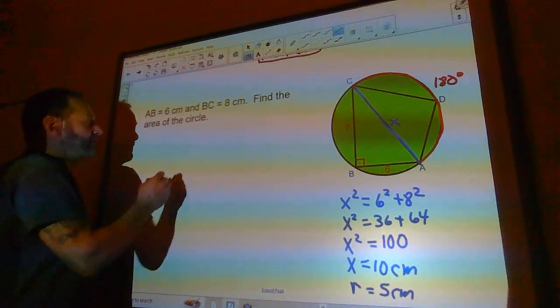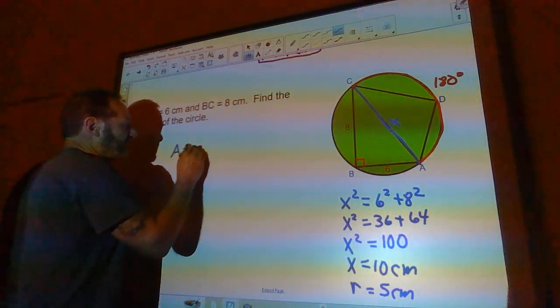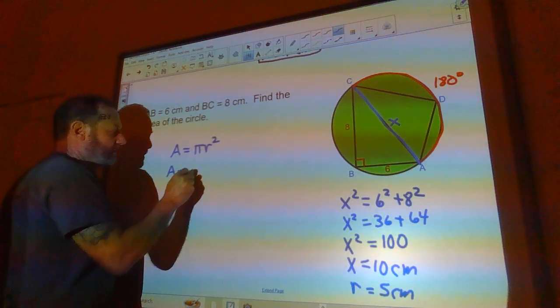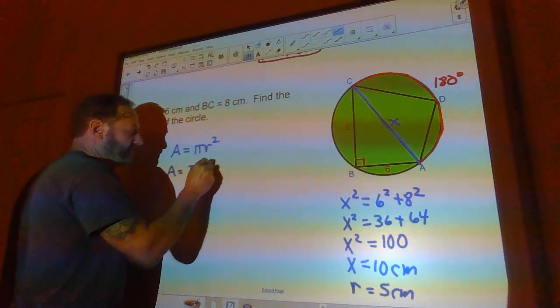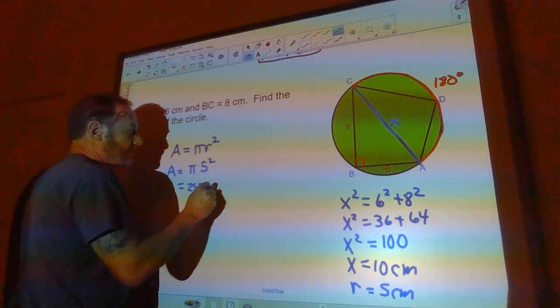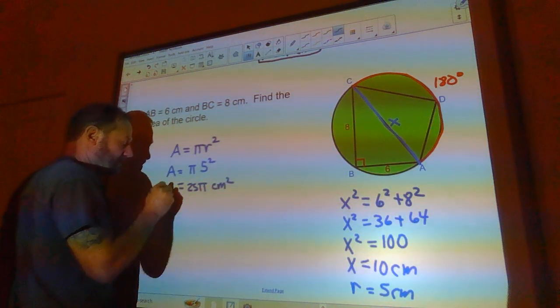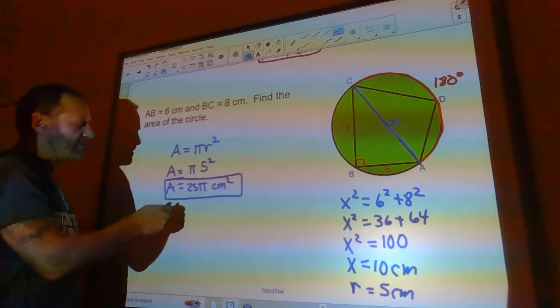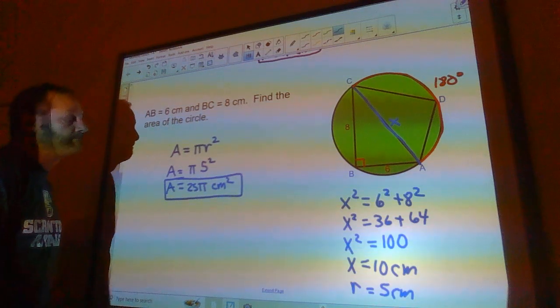Okay, so now I can find the area of the circle easily because we know that the area is pi radius squared. So that's going to be pi times 5 squared, which is 25 pi square centimeters. And again, if I needed to know a decimal approximation of that, I just multiply that out.